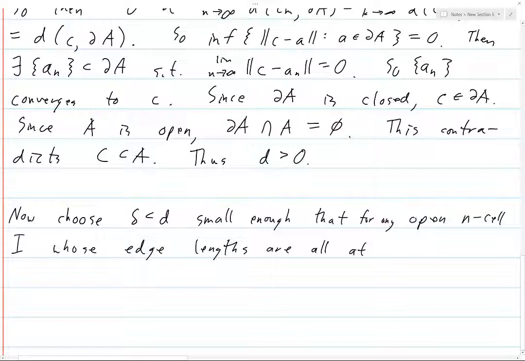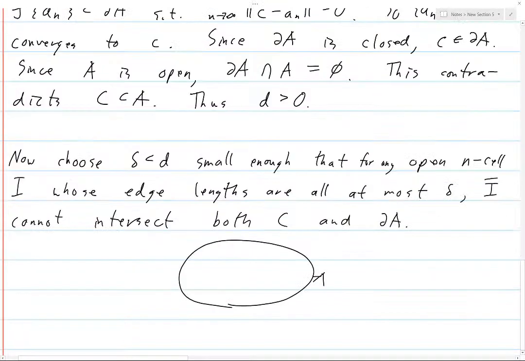Okay, so what am I trying to do here? If we have A here and we have C here, we want to make sure that our boxes are small enough that if you cover C with boxes, then they won't touch the boundary of A at all.